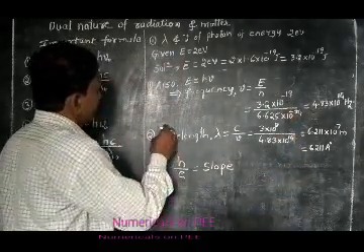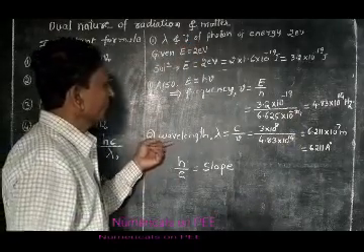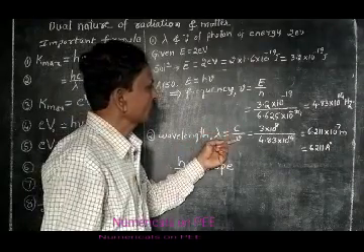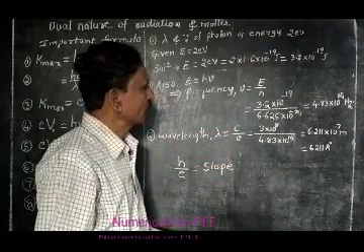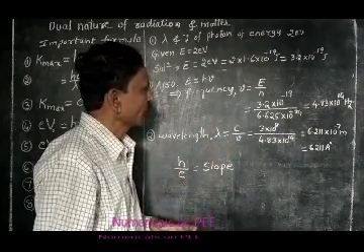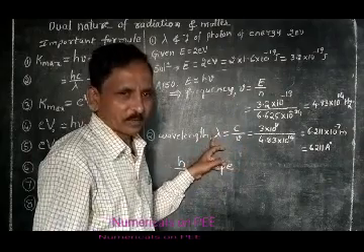And next, wavelength. We know that wavelength lambda equal to c upon nu, or c equal to nu lambda.